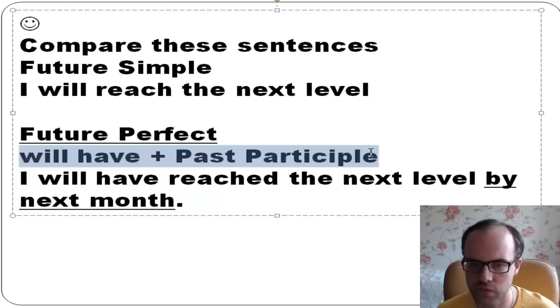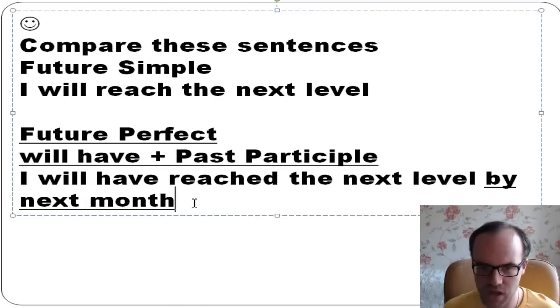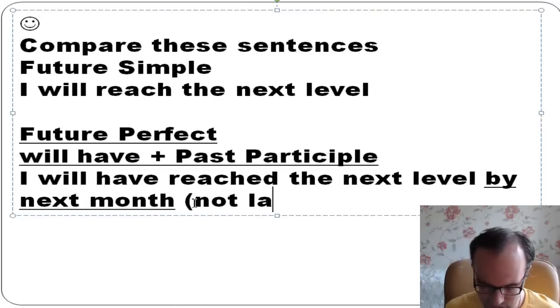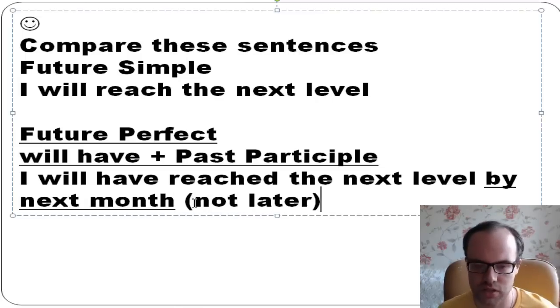So we use future perfect because of by. It means not later than next month. Yeah? Not later than next month. I will have reached the next level by next month. So I think that you see the difference.